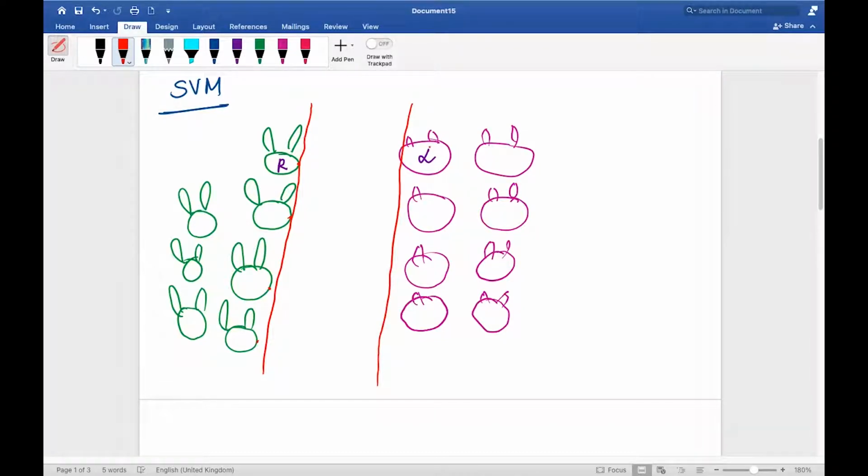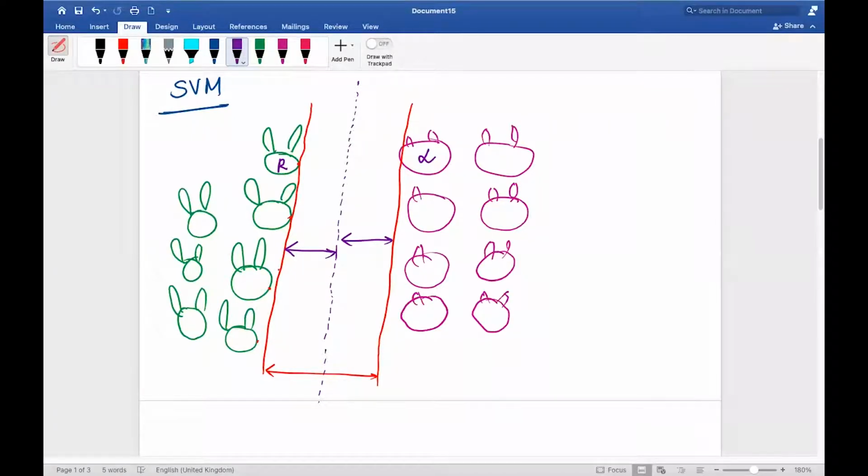You got my point? These two are parallel. That is the maximum distance between the rabbit and the lion group. Then if I have to build a fence, I will build it exactly in between these two imaginary lines or vectors, so that this margin and this margin is maximum.